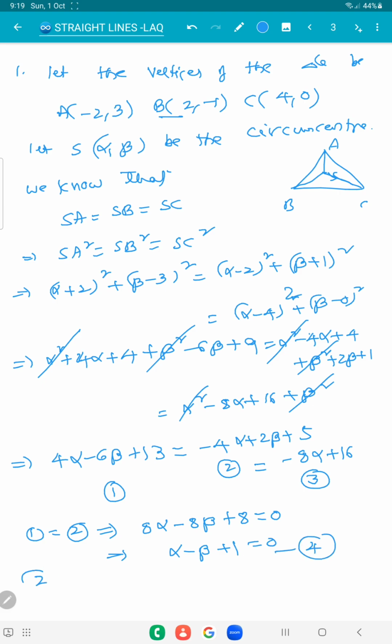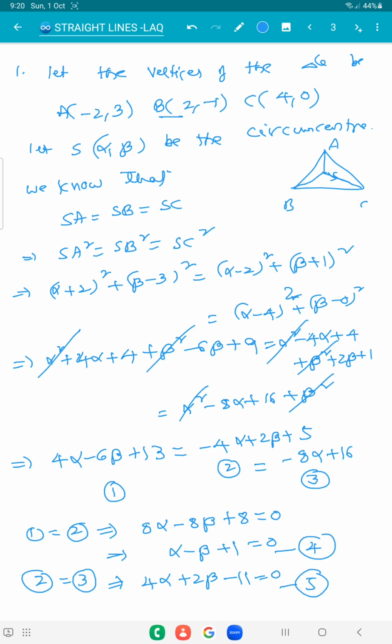Now let us equate 2 and 3. Bringing 8 alpha to the left-hand side: 4 alpha plus 2 beta, 5 minus 16, minus 11 is equal to 0. Let it be the fifth equation. One equation is alpha minus beta plus 1 is equal to 0. The other one is 4 alpha plus 2 beta minus 11 is equal to 0.